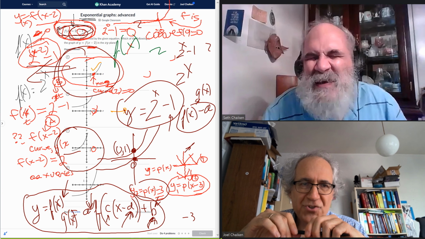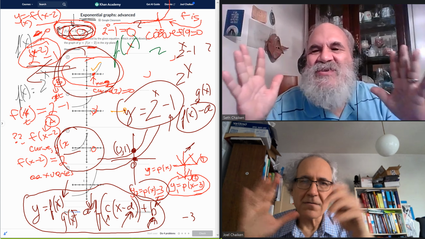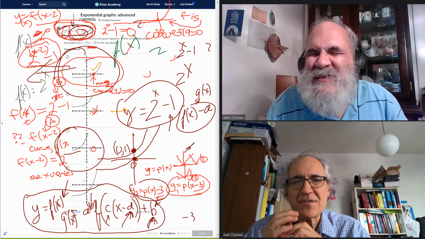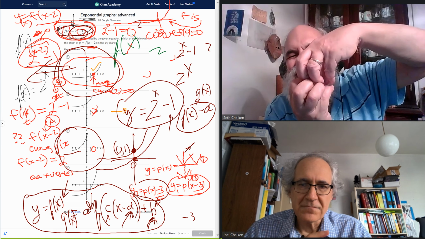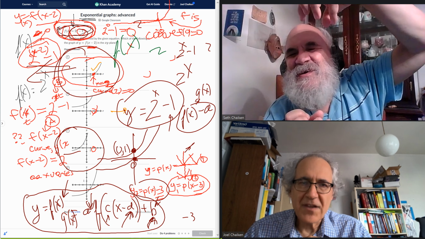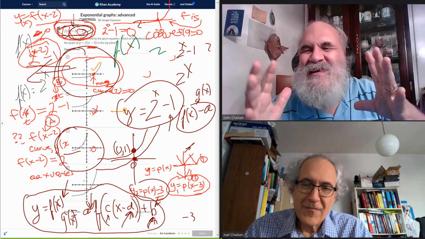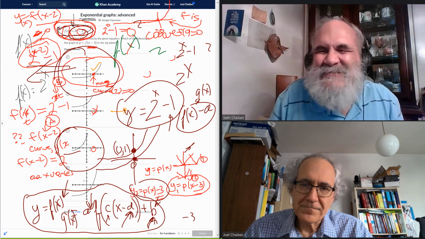For big C, it's going to squish it together. So it's opposite again. Big A stretches it out vertically. Right. Makes it go faster. Everything goes faster. Big C squishes it together horizontally.